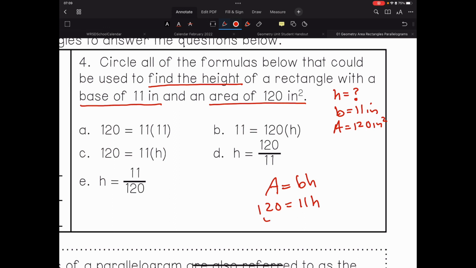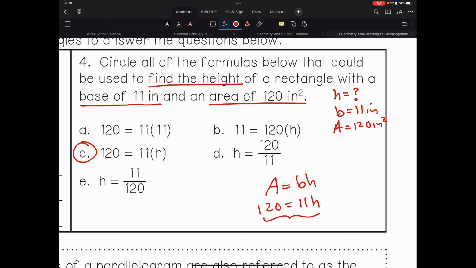So do I see one of those answers on there matching up with this? So it wouldn't be A, it's not B, but here you see we have C, 120 equals 11h. So that is an answer. We still have to check to see if there's other options. Now we know that 11 times something is 120.